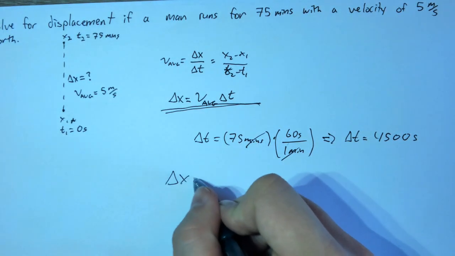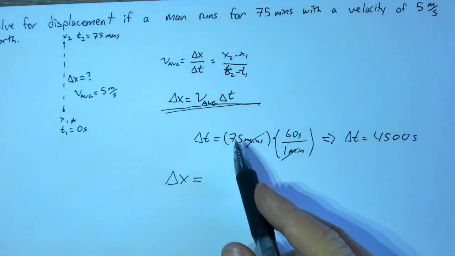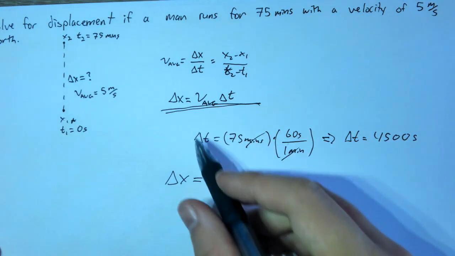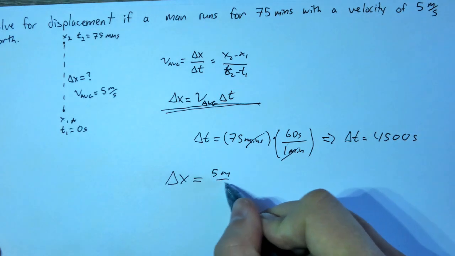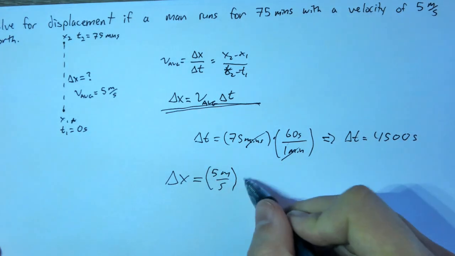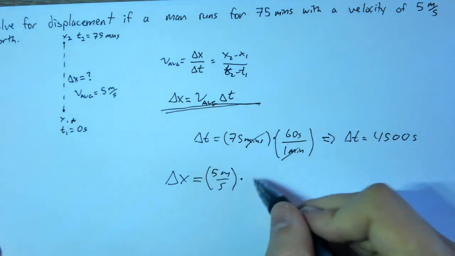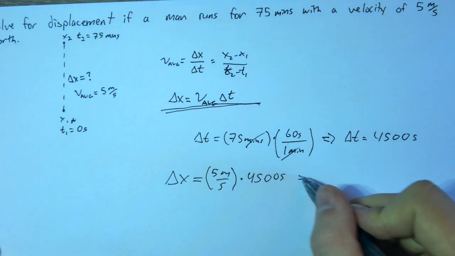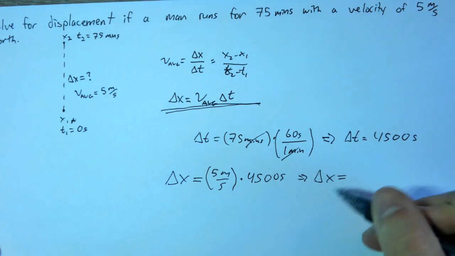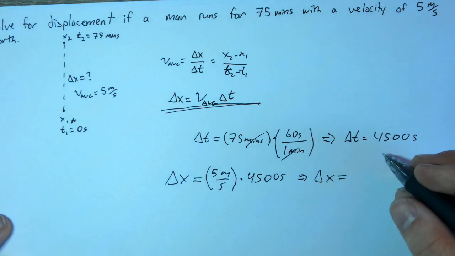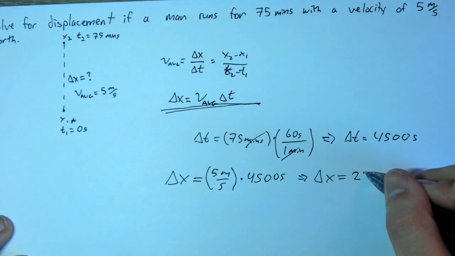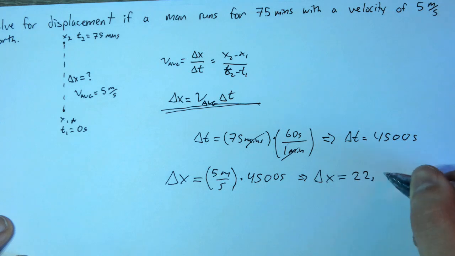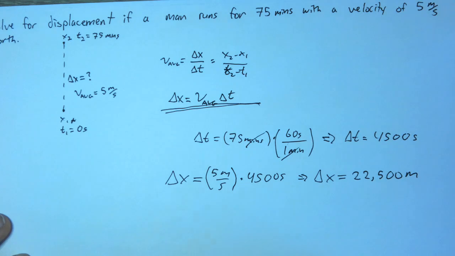So now I'll plug this in for delta t instead. So delta x is equal to our velocity of 5 meters per second times our time of 4,500 seconds. And that gives us a displacement of 22,500 meters.